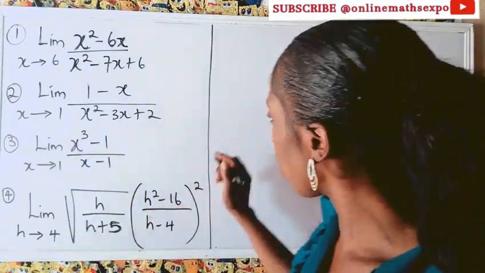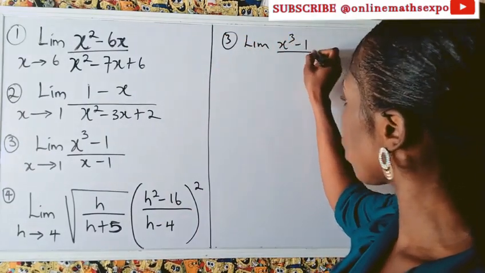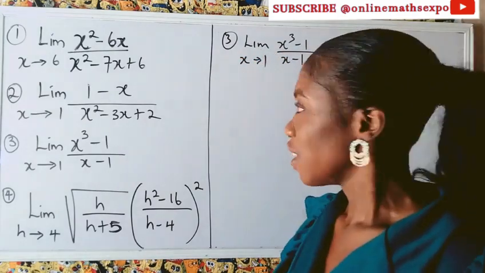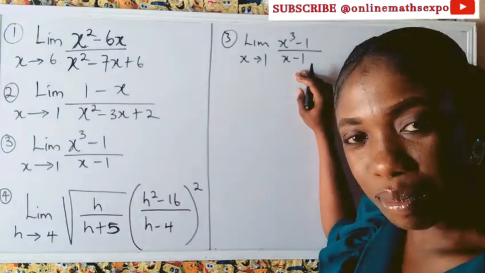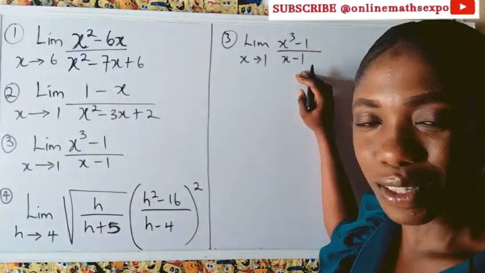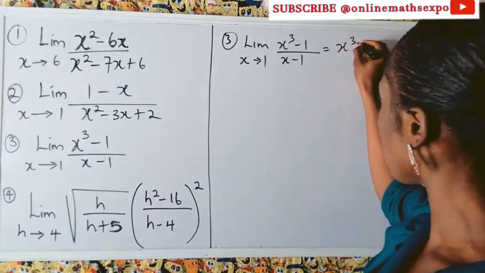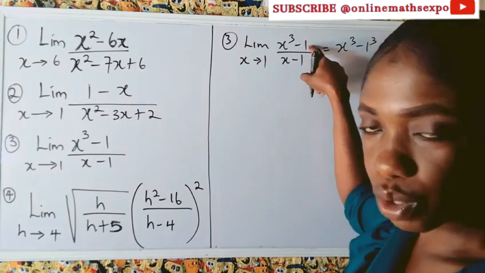So for example 3, we are going to have the limit of x cubed minus 1 over x minus 1 as x approaches 1. You notice that if I plug in x as 1 here, it will still be indeterminate. So to avoid that, we factor. Remember, this is the same as x cubed minus 1 cubed, because 1 to the power of 3 gives us 1.